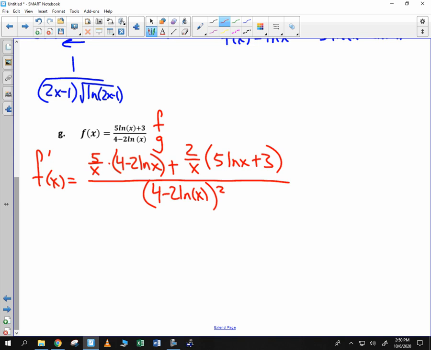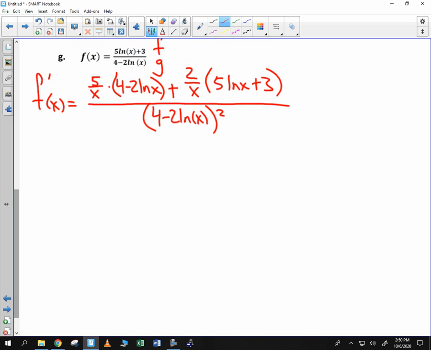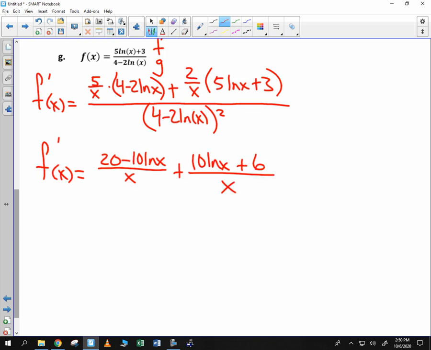Now, we should combine our like terms in the numerator. As you notice, as we have f prime of x, we get 20 minus 10 natural log of x over x plus 10 natural log of x plus 6 over x, all over 4 minus 2 natural log of x, quantity squared, I'll write it over 1.